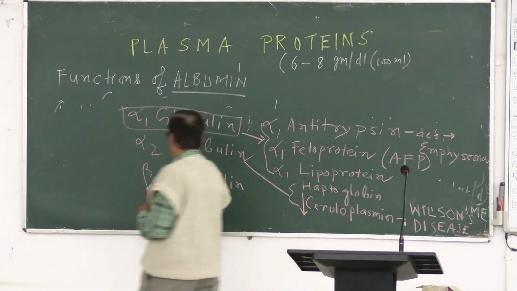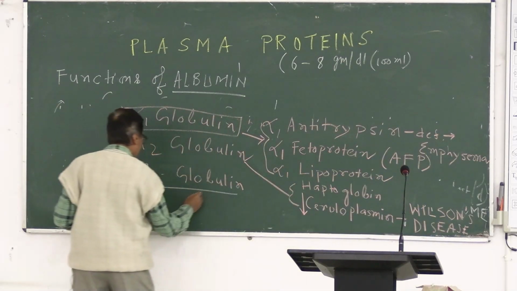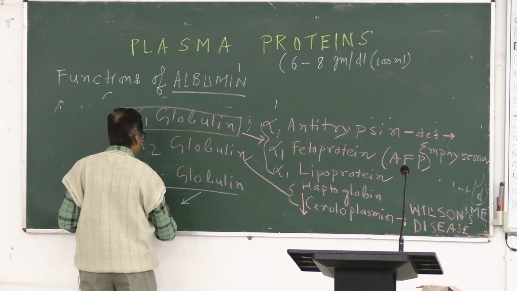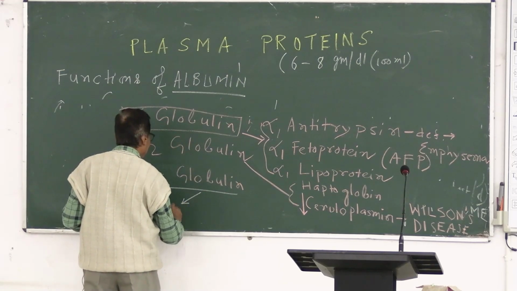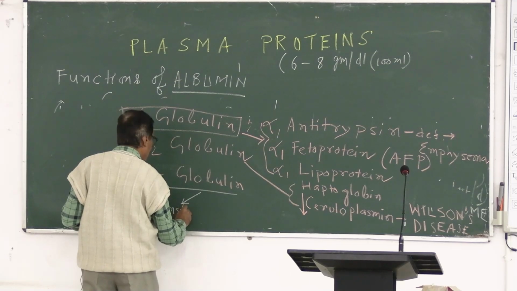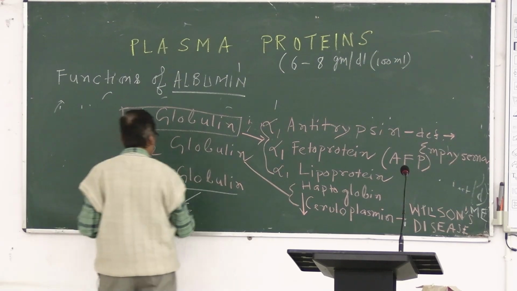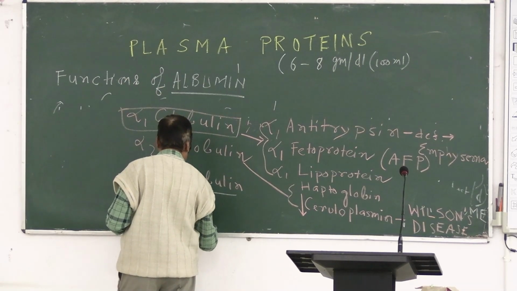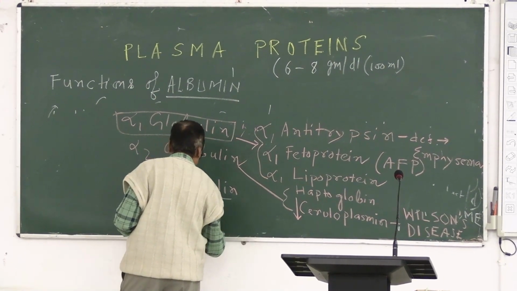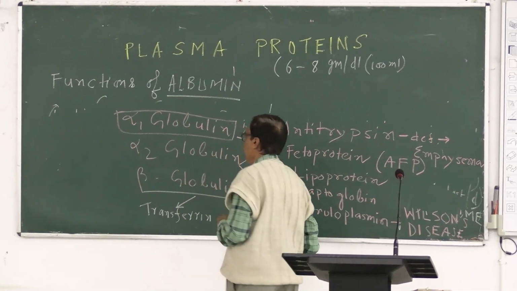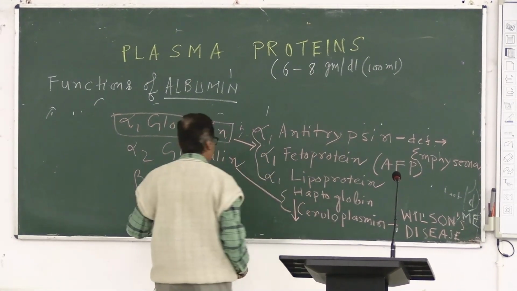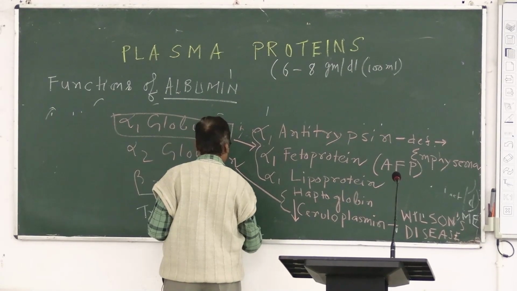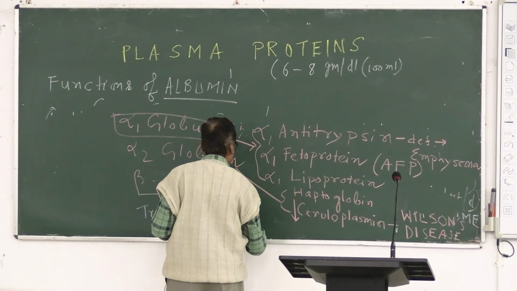Beta globulin example is transferrin, which carries iron. Transferrin is a protein, beta globulin in nature, which carries the iron. Or hemopexin, it carries the heme, not hemoglobin.